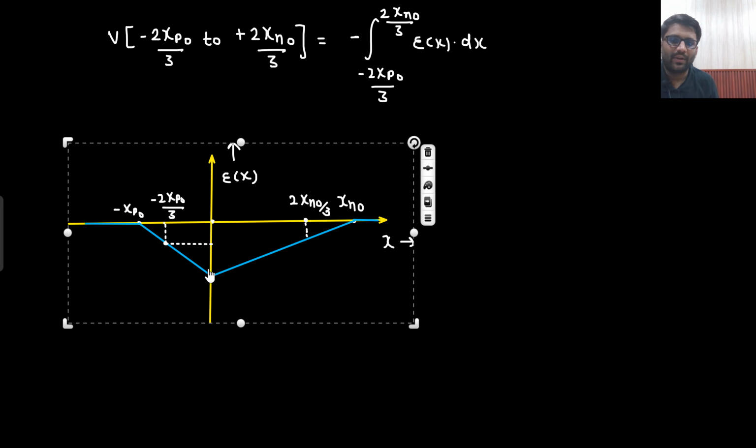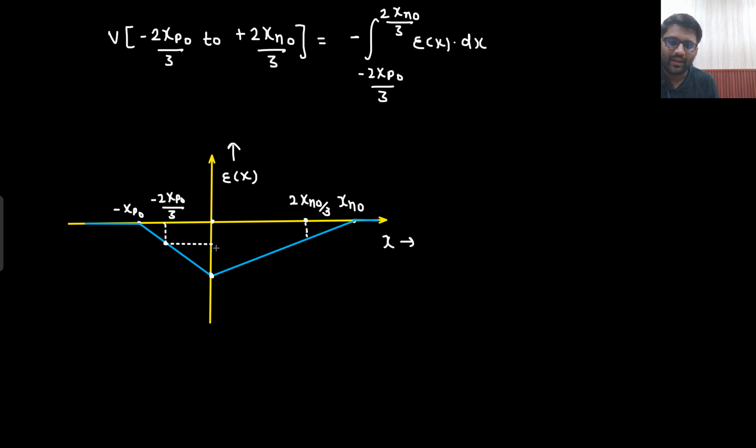Which area do I need to calculate? From here to here they are going, no? So this much area I need to calculate, and then put the negative sign, and I will get the answer.